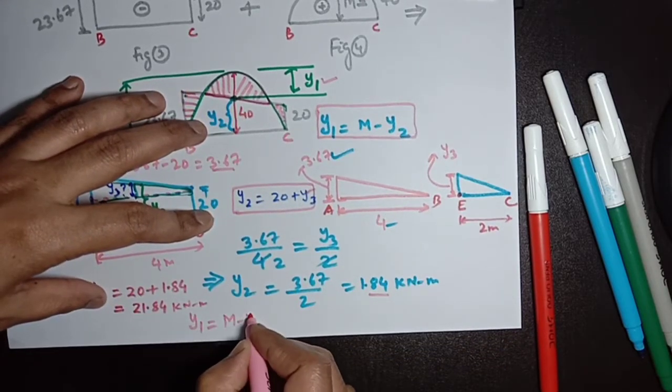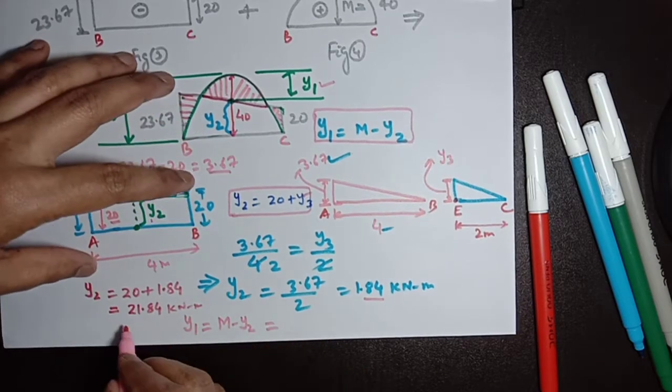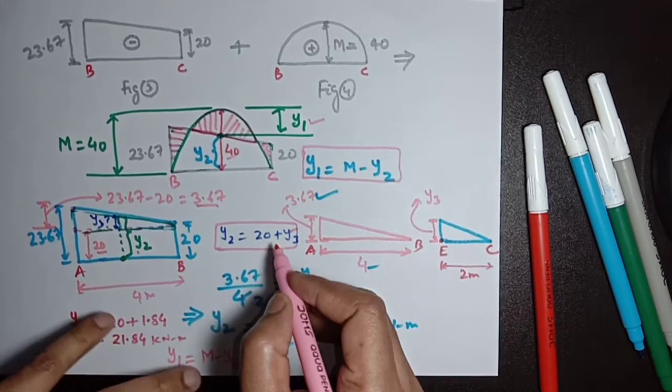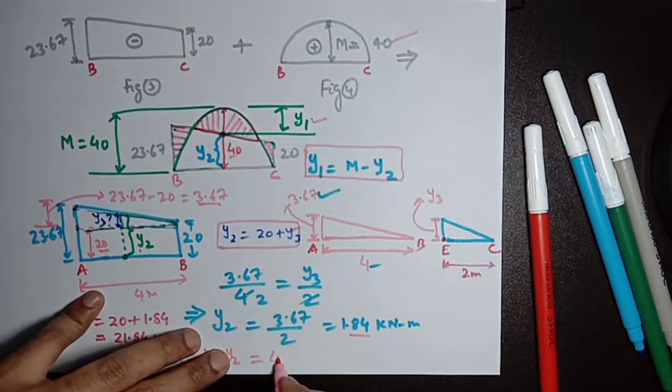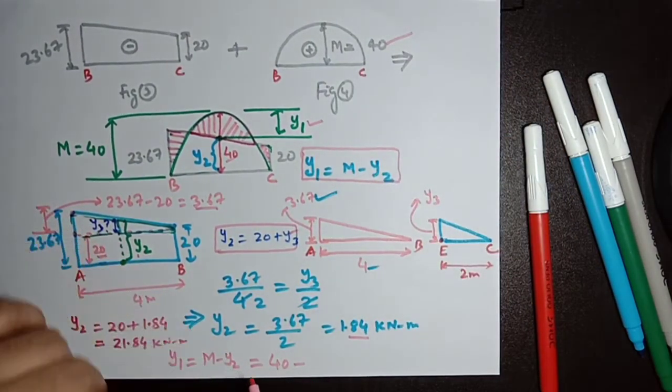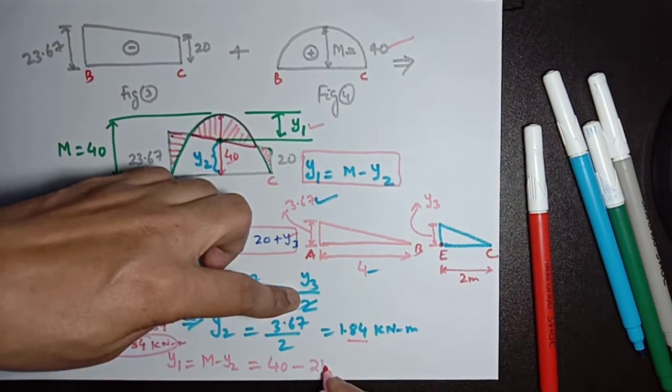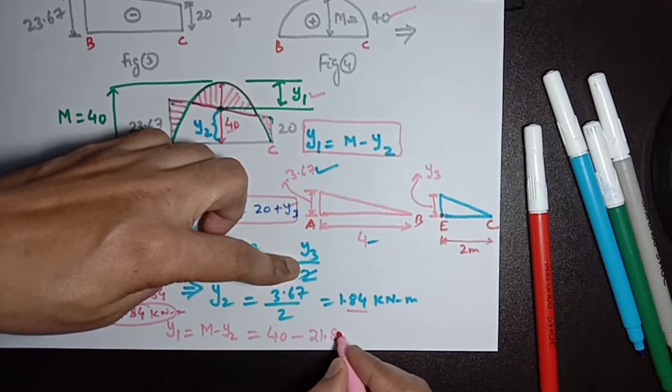M minus y2. In place of M, we can put the maximum value of M, which is 40, and in place of y2, as we have calculated here, 21.84.